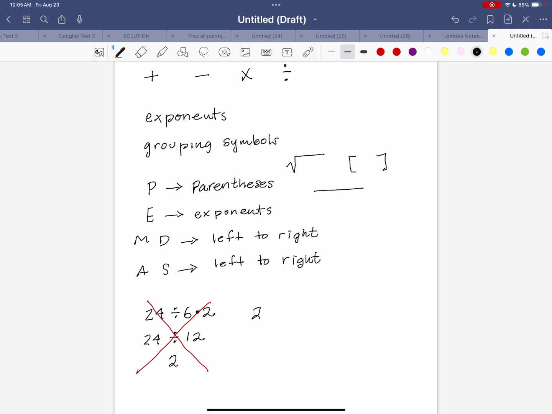When you have multiplication and division, you have to go left to right. So 24 divided by 6 is 4, and 4 times 2 is 8. So you can clearly see why we have the need to have a proper order of operations to follow, because you can get different answers if you go in a different order.